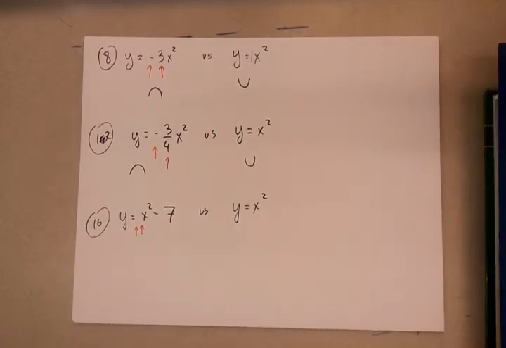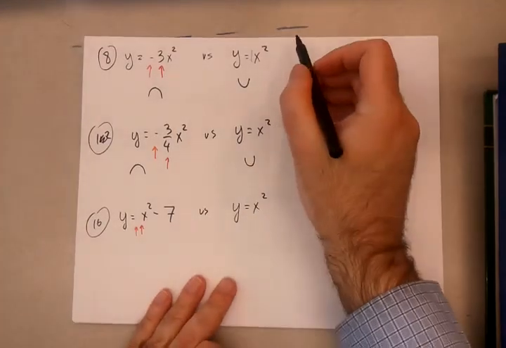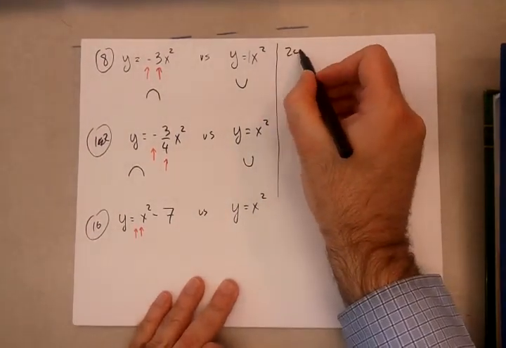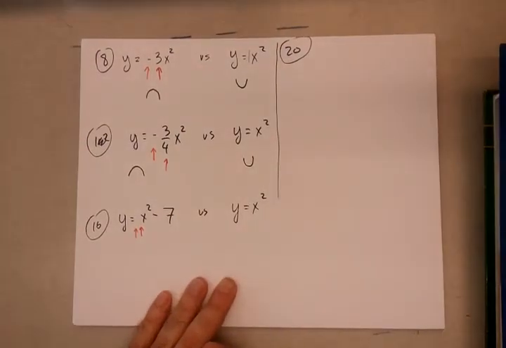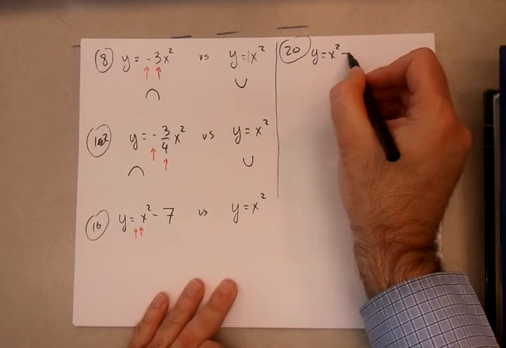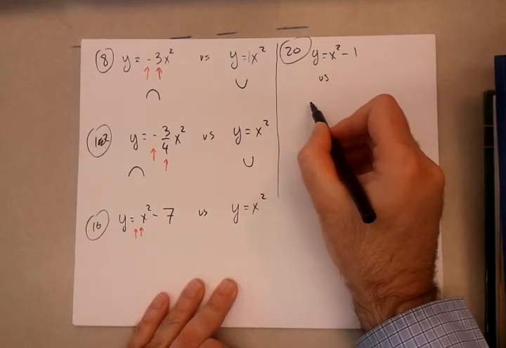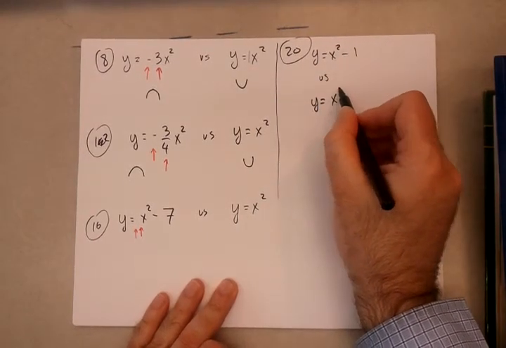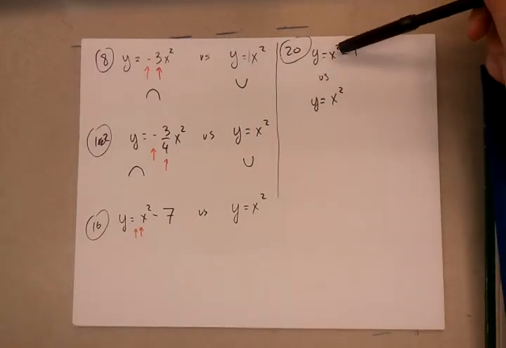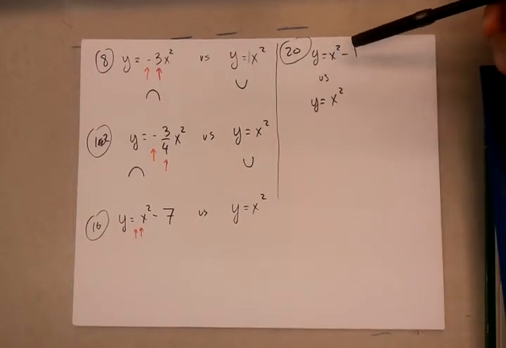And that's it. And last but not least, I'm going to do number 20. We have y equals x squared minus 1 versus our baseline y equals x squared. This is super simple. It's actually simpler than the problem before. The x squared itself has the same number in front, the hidden 1.